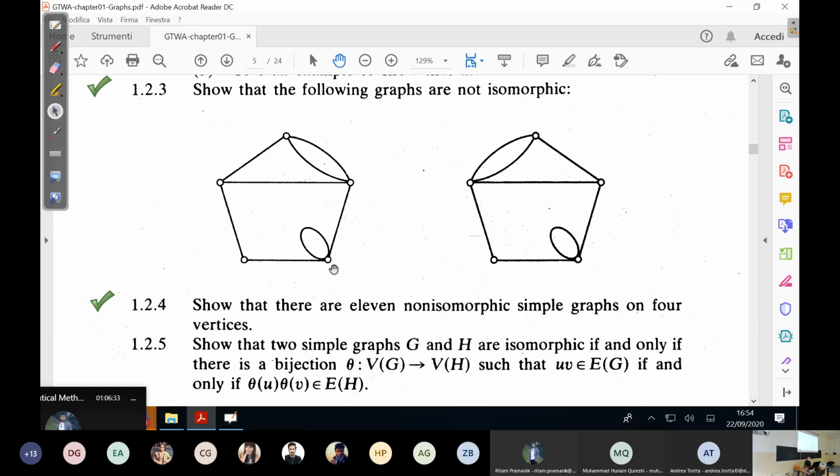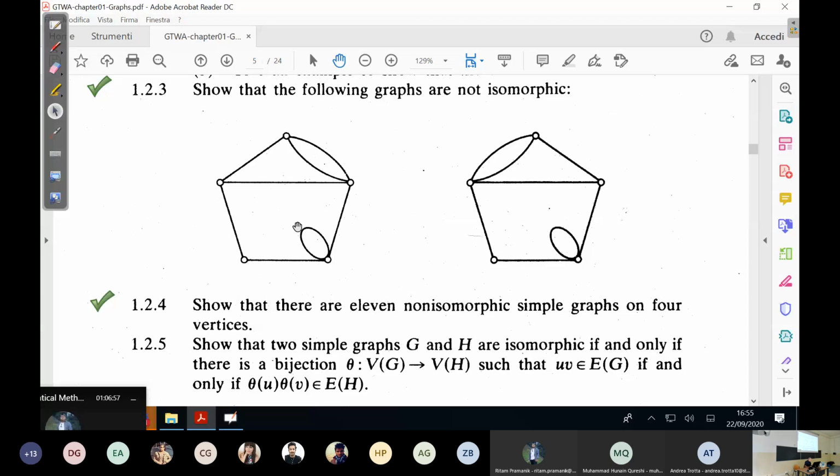let's give a name to this vertex, A, okay, and the name L to this vertex. What are the ends of this edge? A and again A, and the corresponding edge must have again as ends the same vertex.